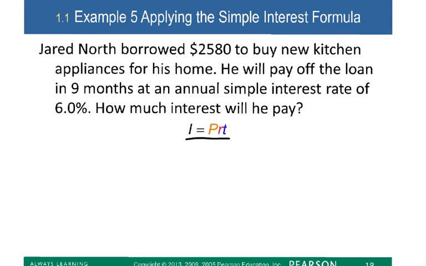So Jared North borrowed $2,580 to buy a new kitchen appliance for his home. He will pay off the loan in 9 months at an annual simple interest rate, annual matters here, of 6%. How much interest will he pay?